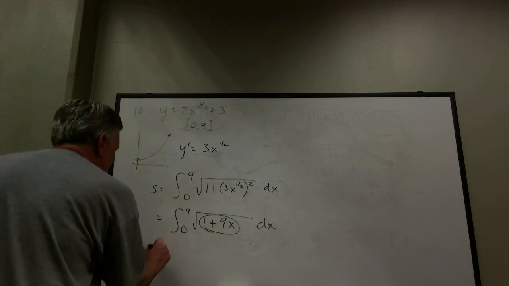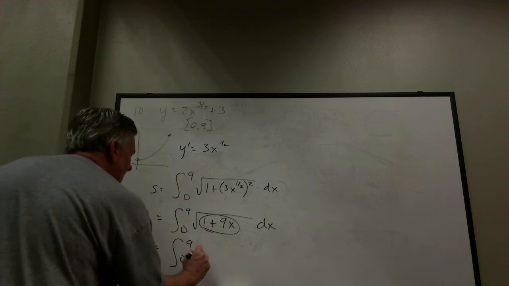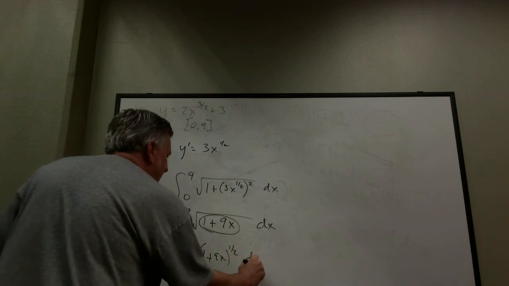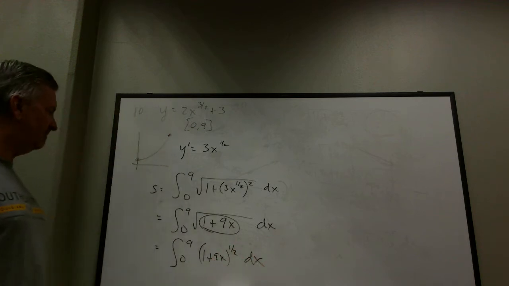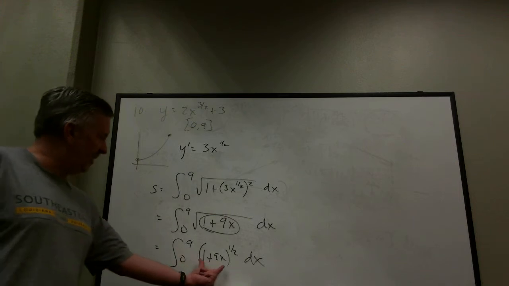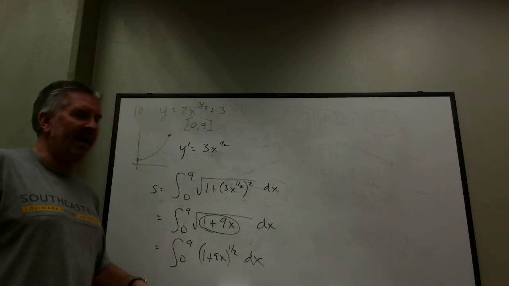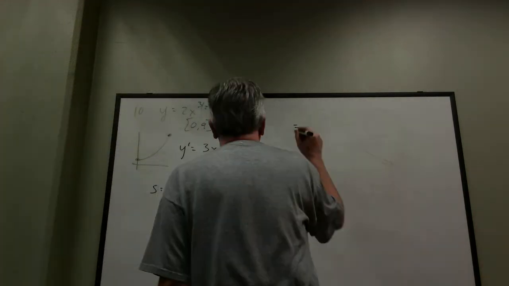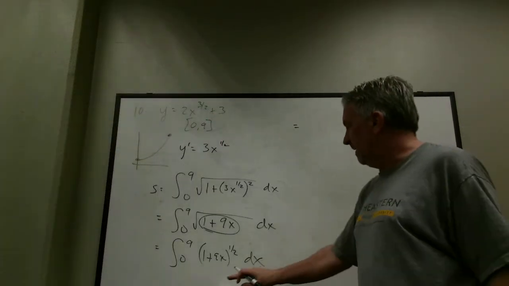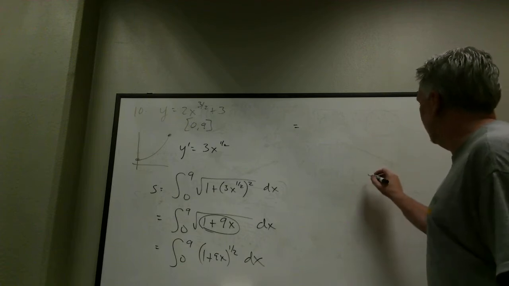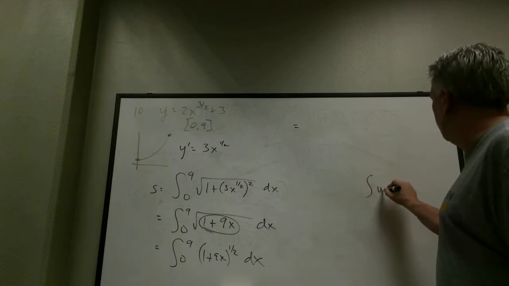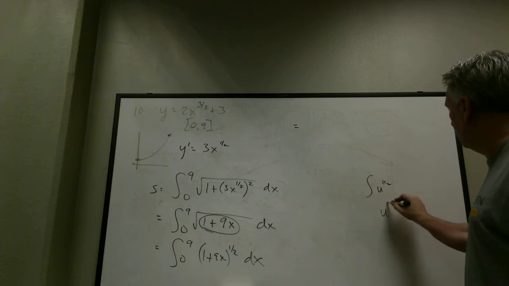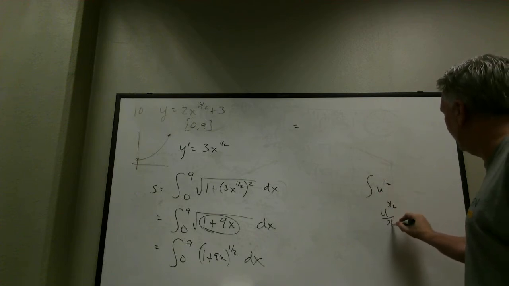Again, if you want to think of this as the integral from 0 to 9 of 1 plus 9x to the 1 half, if you let u be 1 plus 9x, you'd have u to the 1 half, which you know how to integrate. So I'm using our stuff with the linear substitution. Think of this as the integral of u to the 1 half. What would that be? It's u to the 3 halves over 3 halves, isn't it?